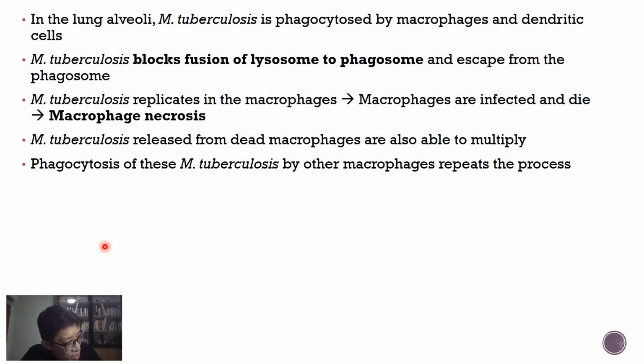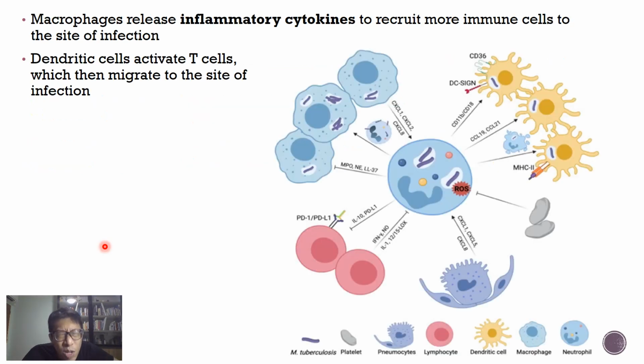So our immune system is not entirely helpless, even though the macrophages are not really able to kill the bacteria. Our immune system is not helpless against this bacterial infection. What our immune system does is, if you recall from the innate immune response, macrophages, besides phagocytosis, also release inflammatory cytokines, cytokines that result in inflammation.